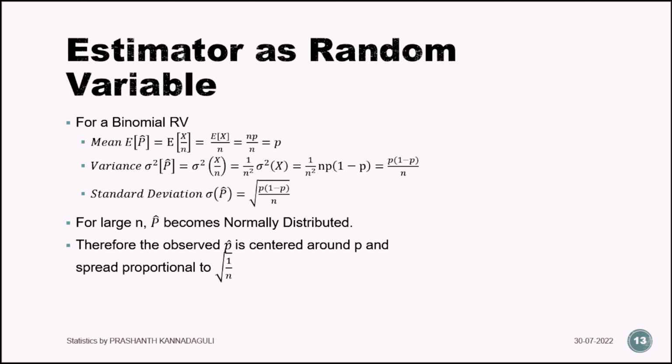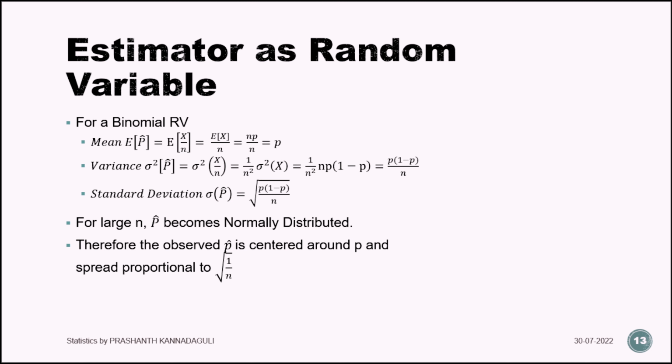Again, there is a thumb rule which proves that if you repeat any experiment for a large number of times, it's called the central limit theorem. According to that, when you repeat any experiment, it doesn't matter whether it is distributed binomial or any other one.